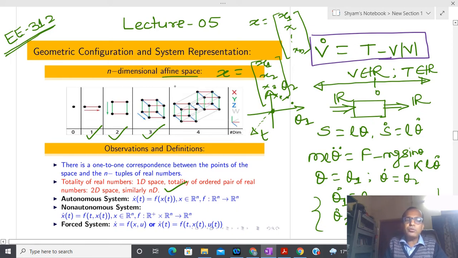At that time I have to remove this force. So my system is just represented like this. You can define some kind of function here, that is nothing but f(v), and you can say that v belongs to R.